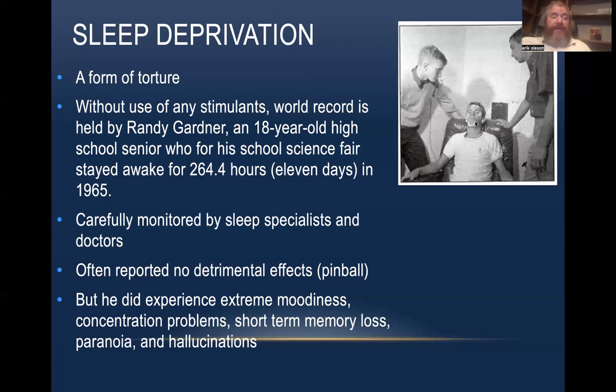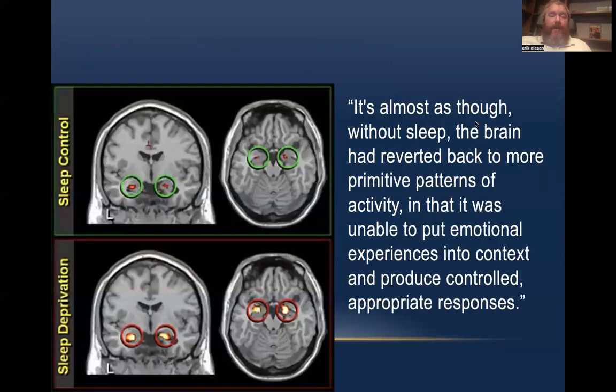He did experience extreme moodiness, concentration problems, short-term memory loss, paranoia, and hallucinations, all of which would probably impact higher order thinking and requirements. Right.